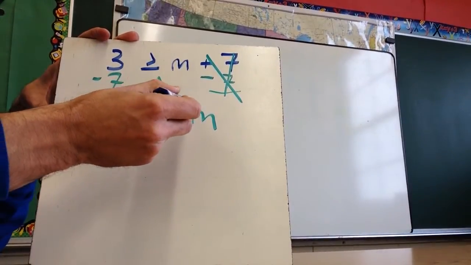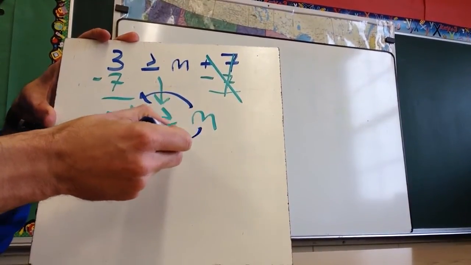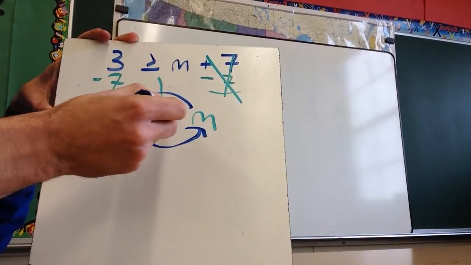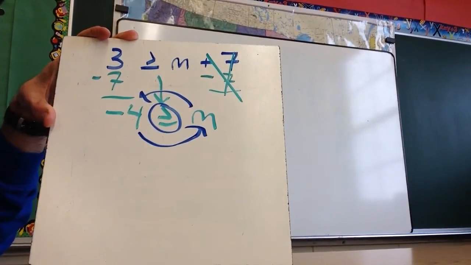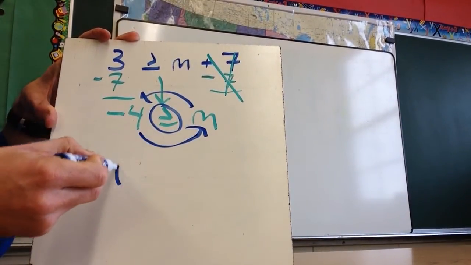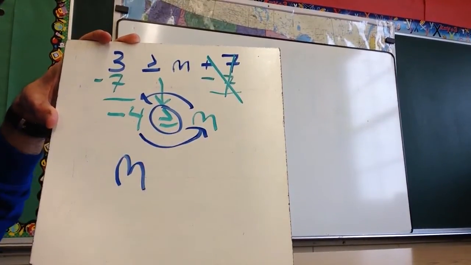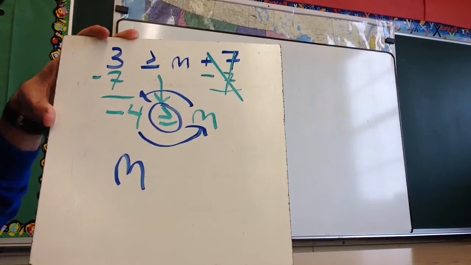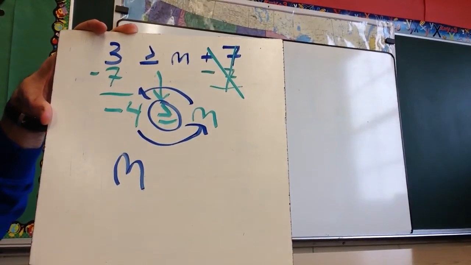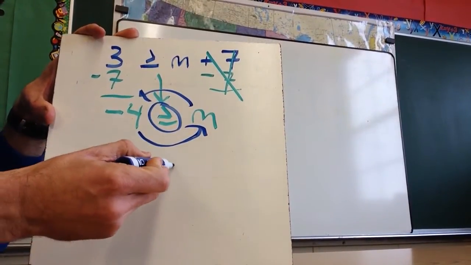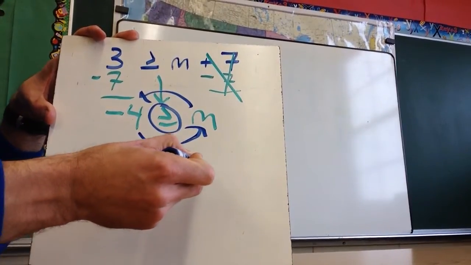So if I'm going to take this number and put it here, and take this number and put it here, then what I need to do is flip this sign. So I'm going to put the m over here. Since negative 4 is greater than or equal to m, that would mean m is less than or equal to negative 4. So I'm going to flip this sign.